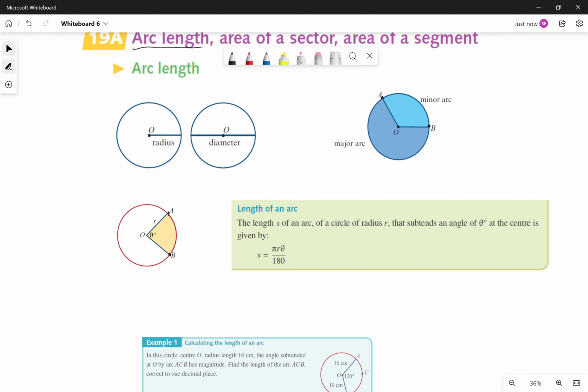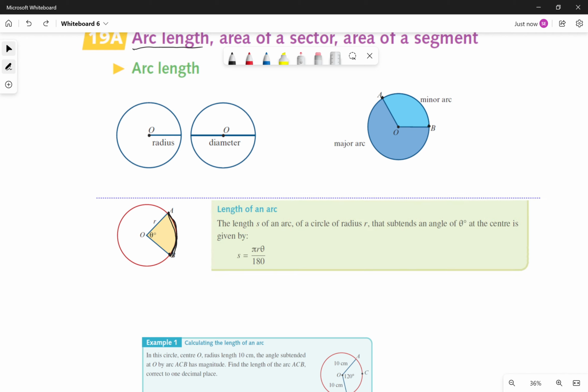We use this angle to calculate the length of the arc that connects A and B. So the formula is the length, so we've just called the length S, but the length is pi times the radius times the angle divided by 180. Okay, so this is the length of an arc, and we'll look at an example.